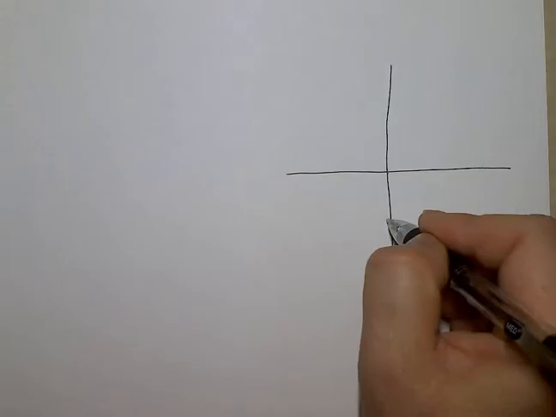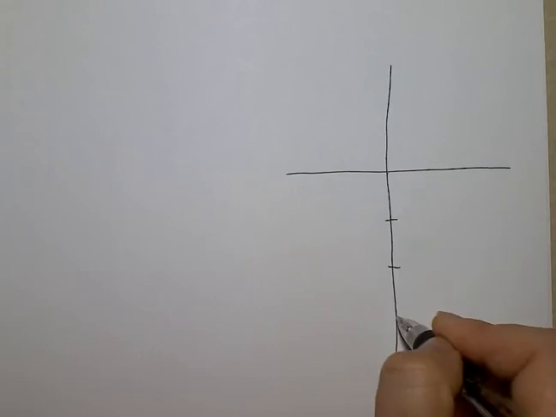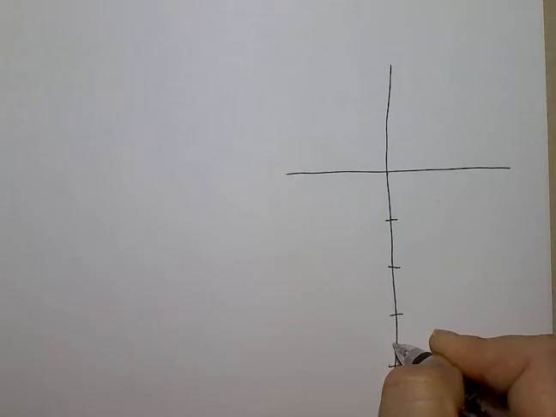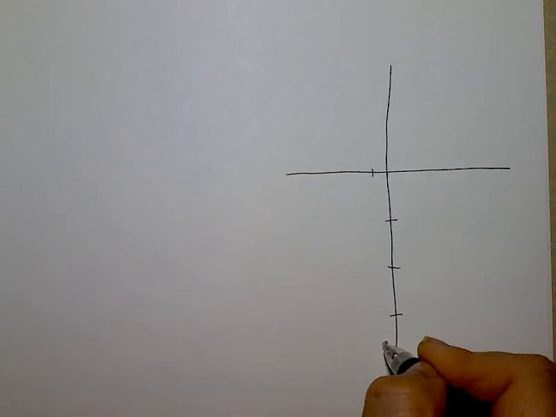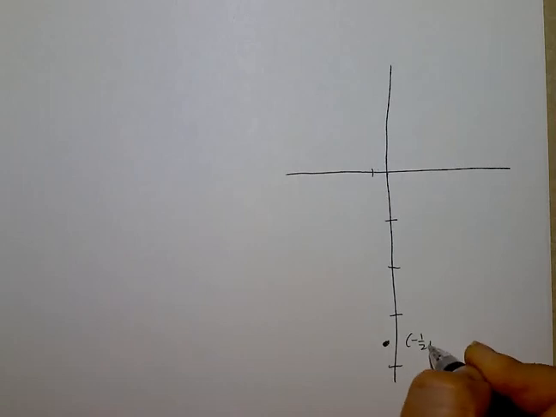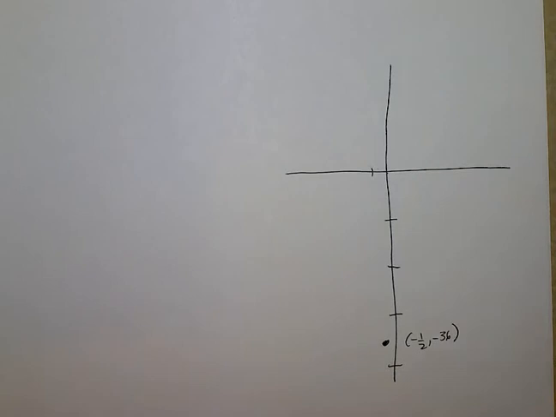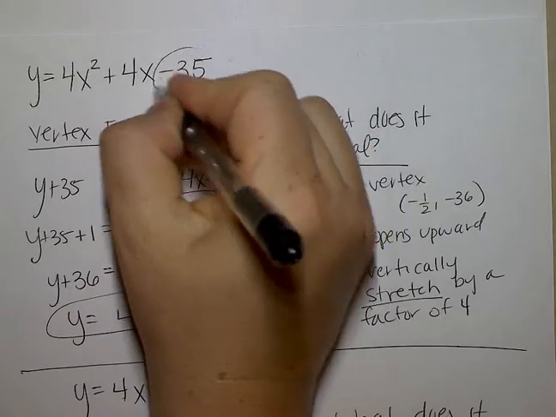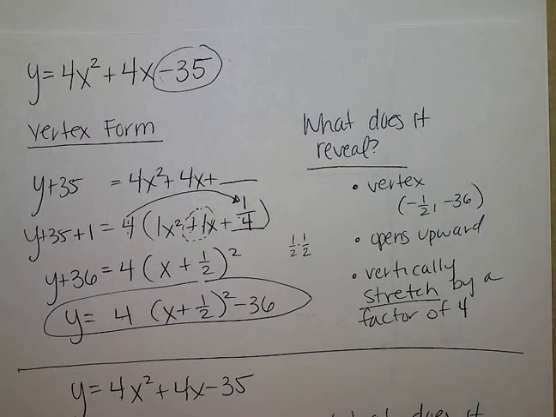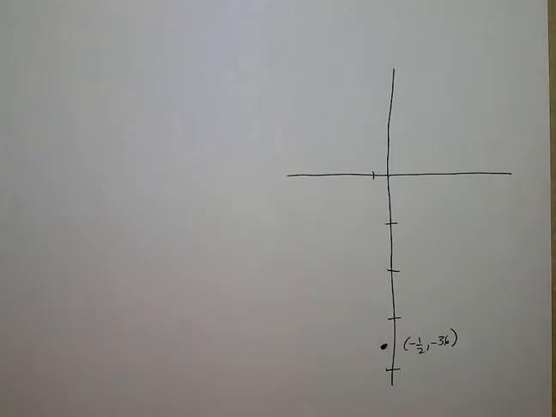Okay, so there's -10, there's -20, -30, so right around here, -1/2 and -36. So I found the vertex. As a reminder, in standard form, the constant is the y-intercept. So -35 is the y-intercept.